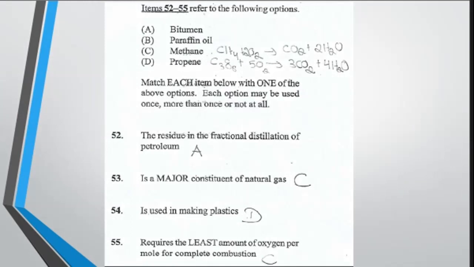So 52 is A, bitumen. The residue from the fractional distillation of petroleum is A, bitumen. The major constituent of natural gas is methane. The one that is used to make plastic is propene, which can be used to make plastics. And the one that requires the least amount of oxygen to completely burn is methane.